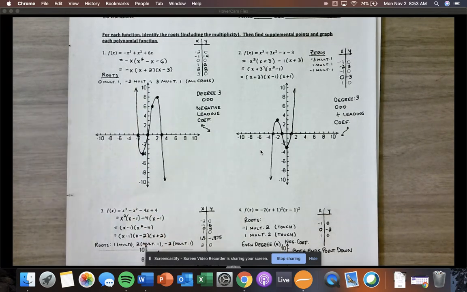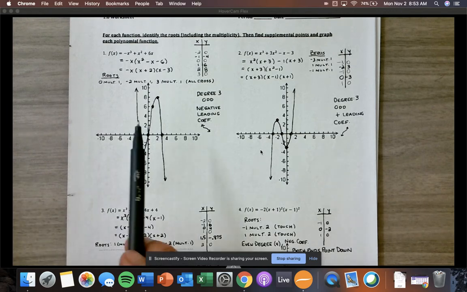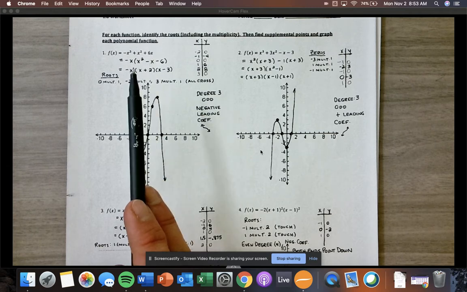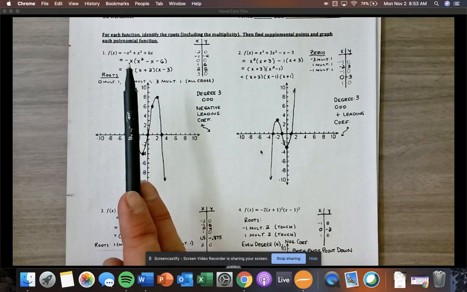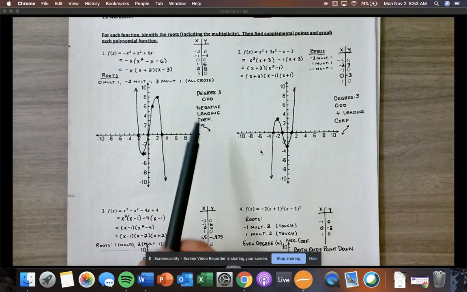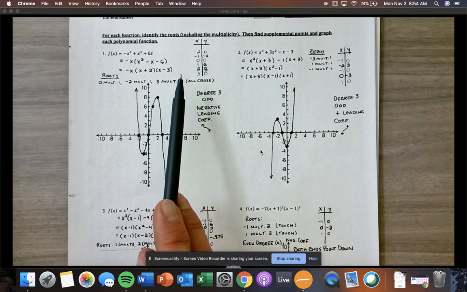So here we have -x cubed plus x squared plus 6x. And what we notice right away is that it's got a greatest common factor, and we can pull out a -x right away. When we pull out a -x, this becomes x squared minus x minus 6, which we can then factor to x plus 2, x minus 3.